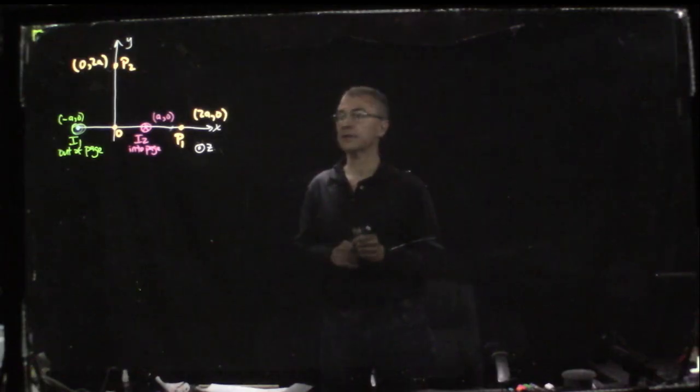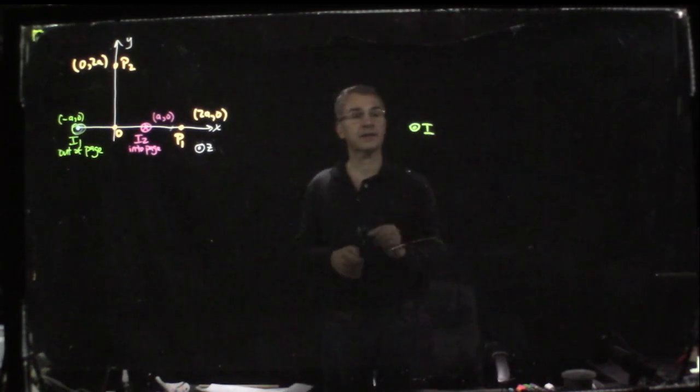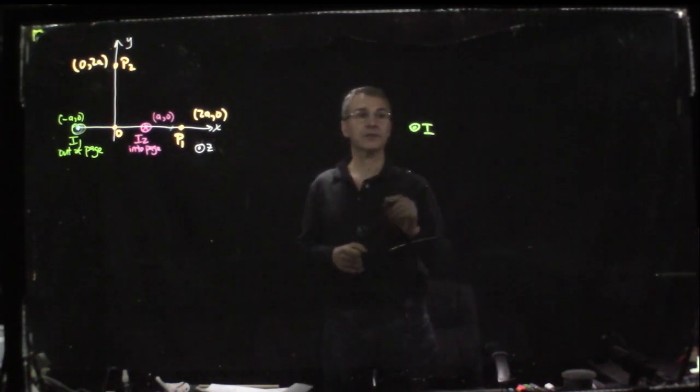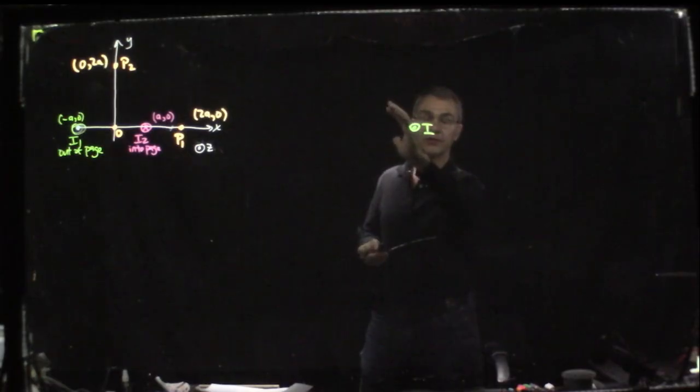long wire. So if you have a current I out of the page like this, then you can use the right hand rule. Your right thumb points in the direction of the current, which looking at me is out of the board, and this is actually my right hand.